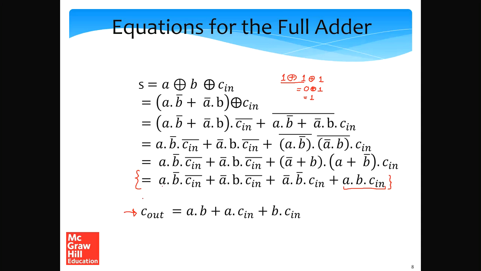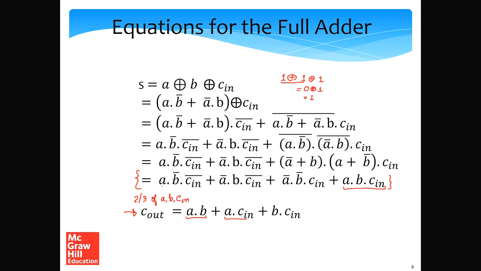So let me just summarize. When is carry out equal to true? Carry out is equal to true when at least 2 out of 3 of A, B and carry in are equal to true. So the way to express this is, if A and B are true, then this expression will be true.